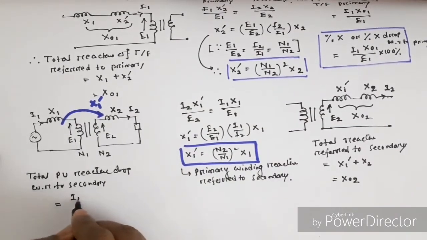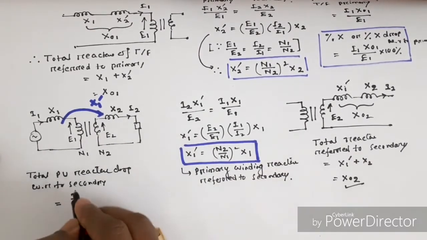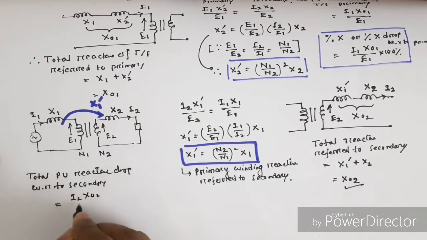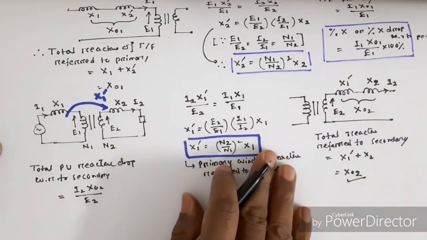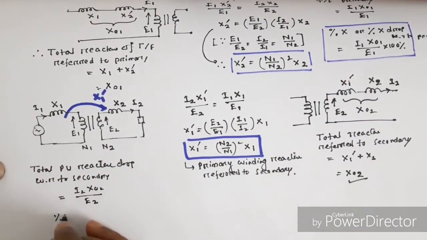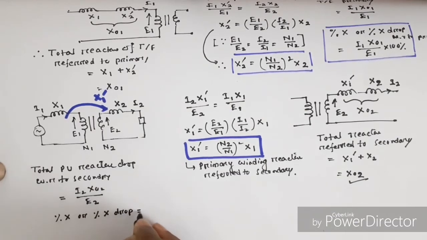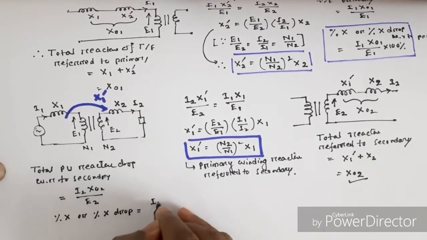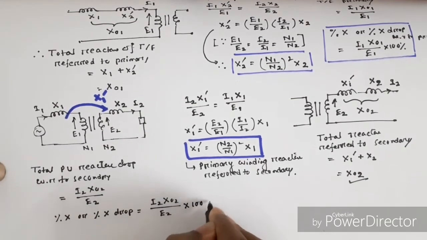Therefore, I2 times the total reactance referred to secondary, that means X02, divided by induced EMF E2, and percentage of X or percentage of reactance drop is given by I2 X02 by E2 into 100%.